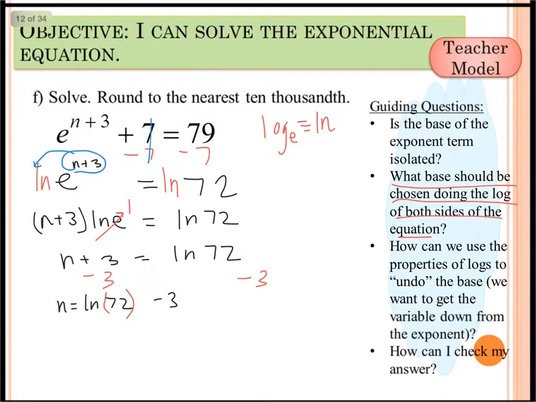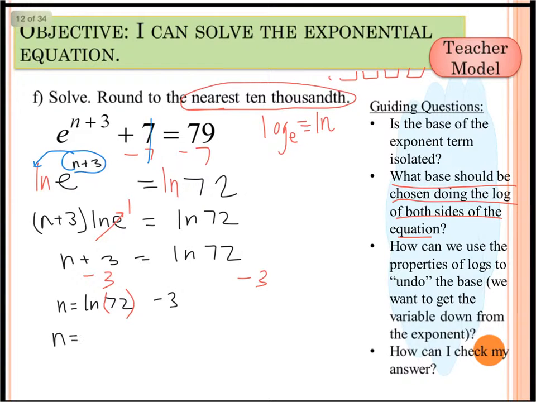So doing that in my calculator, I want to make sure that I also follow the directions, which said that they want us to round to the nearest 10,000. So the first decimal place is tens, second hundreds, thousands, 10,000. So what they're asking for is 4 decimal places.